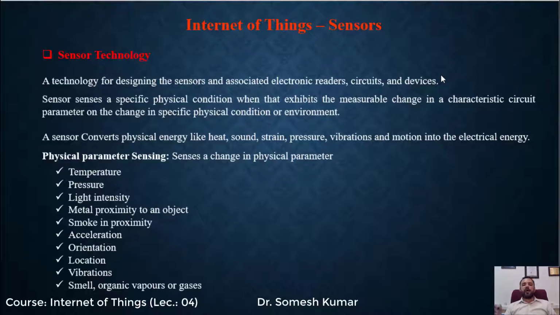Fine. So what is the use of sensors, or what is the purpose of sensors? Basically, sensors sense specific physical conditions that exhibit a measurable change in a characteristic of a circuit.